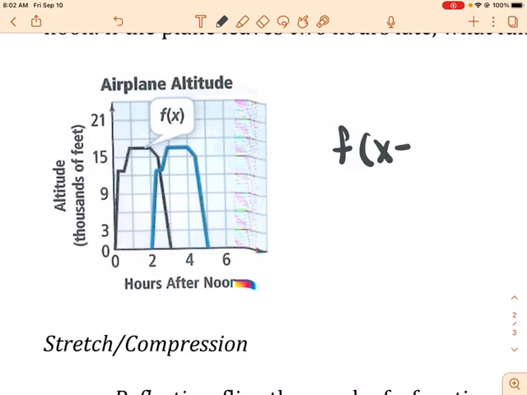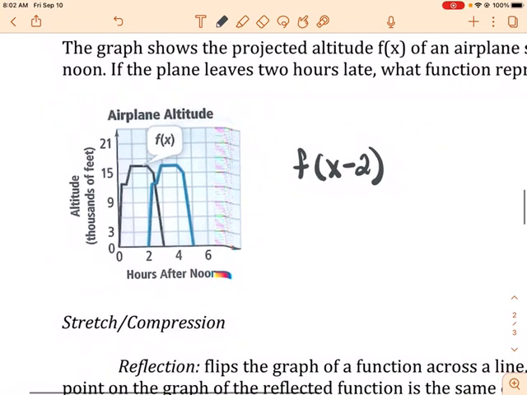But we're late, so we're subtracting 2. Now I know that doesn't make any sense whatsoever because we moved to the right, but why are we subtracting? Because we're late, 2 hours after the time they were supposed to leave.